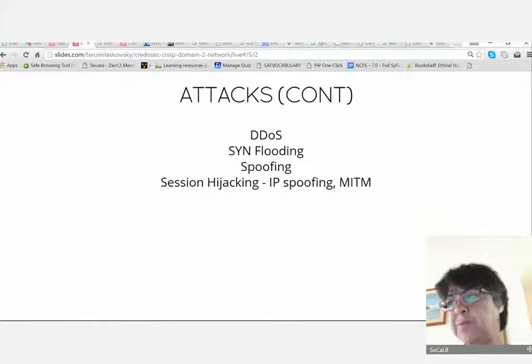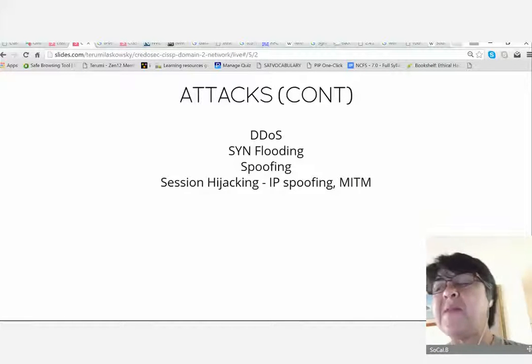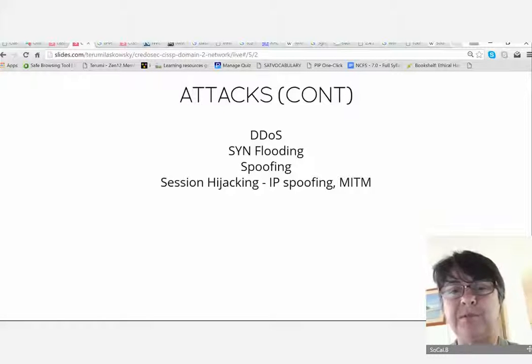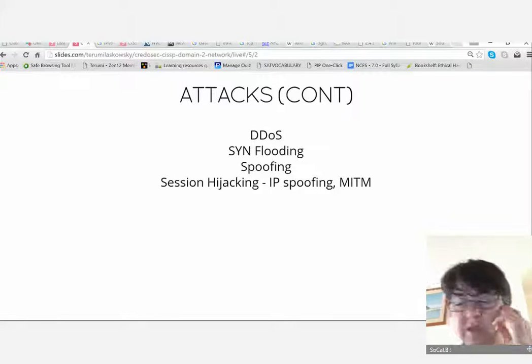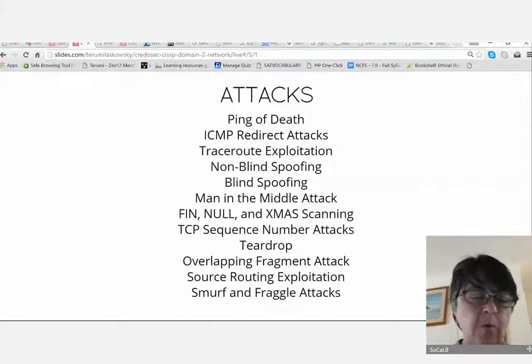Getting back to this, spoofing, we've already done spoofing. Session hijacking, we've already done session hijacking. IP spoofing, yes. Man in the middle, yes. So what's remaining is my showing you the presentation for the FIN, NULL, and Christmas scanning. What you need to know about the FIN, NULL, and Christmas scanning is that it's not really an attack on its own.